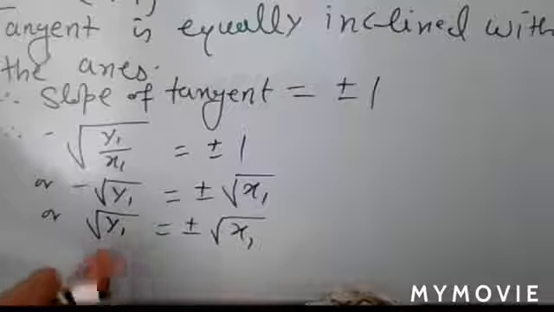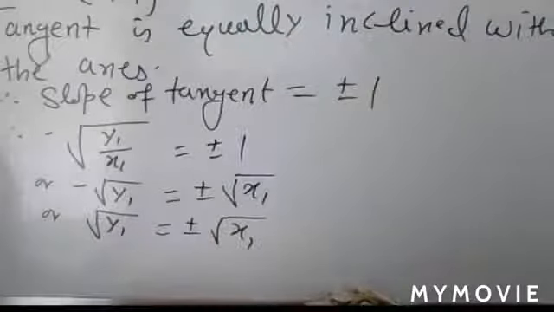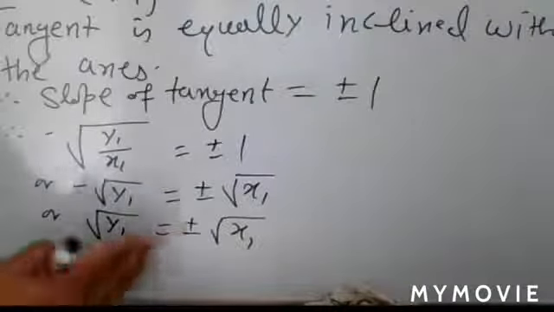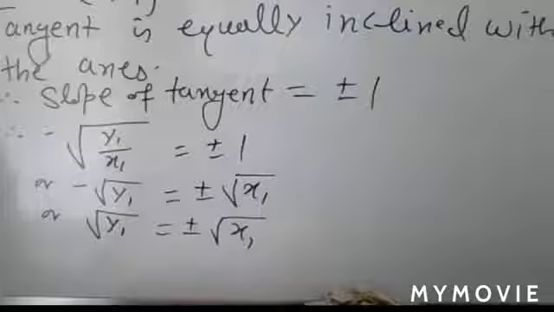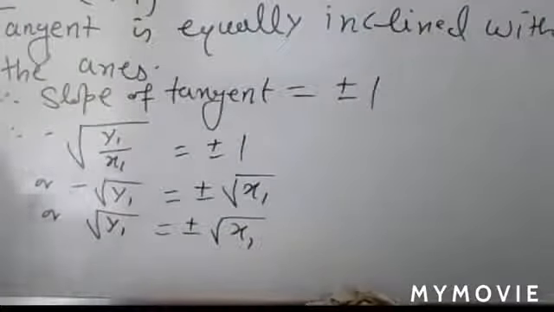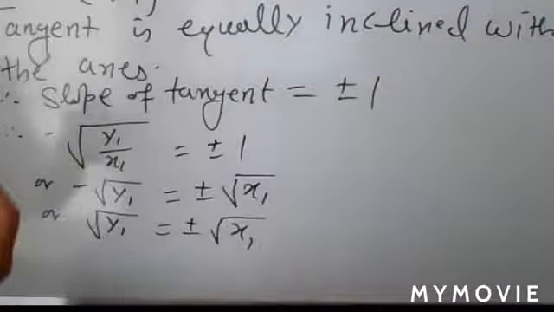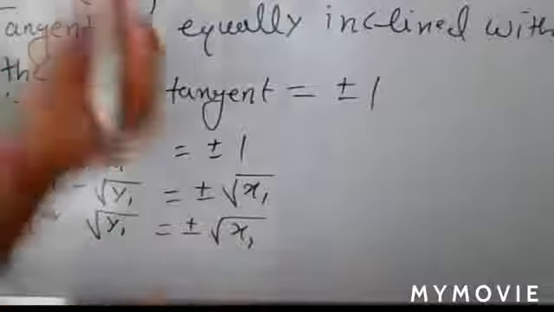So in first case here you take root y1 is equal to plus times of root x1, and in second case you take under root y1 is equal to minus times of under root x1. Understand? So in this way here I remove this one. Now what you do? You have to put these values in the second equation.